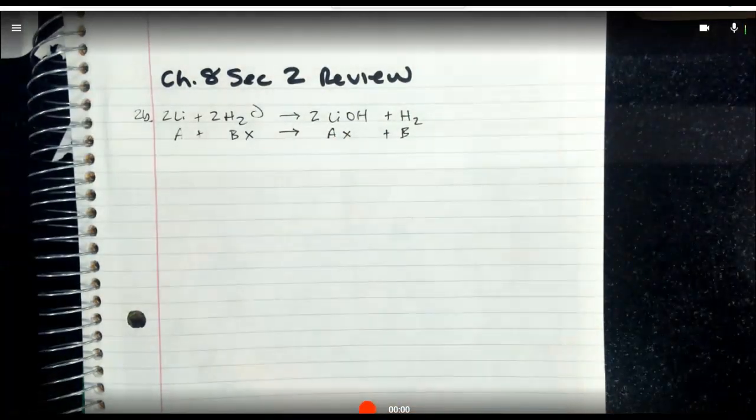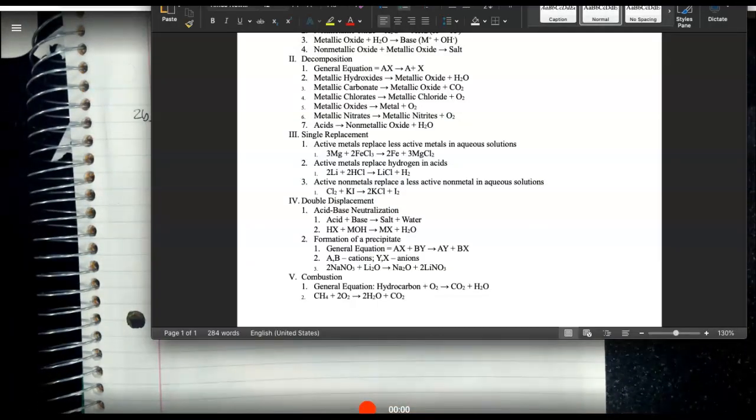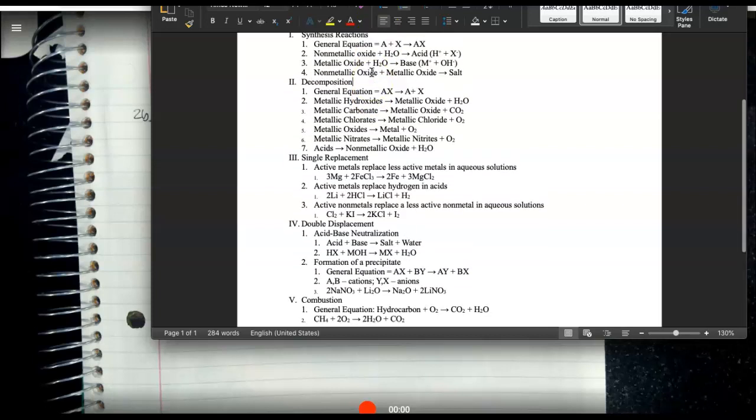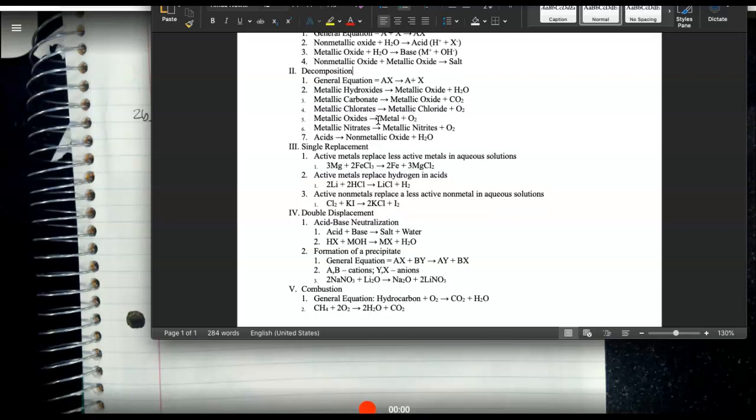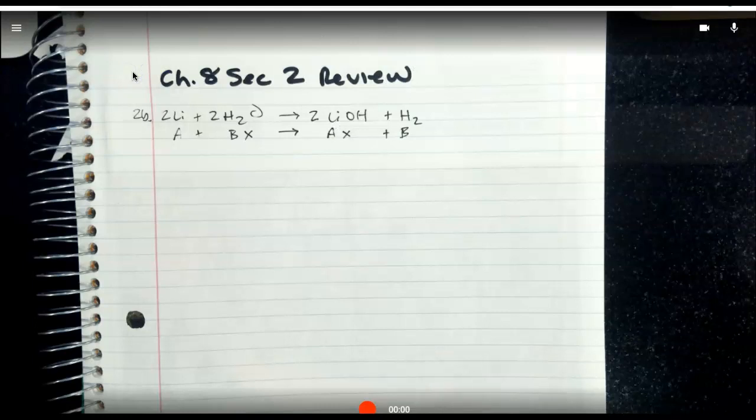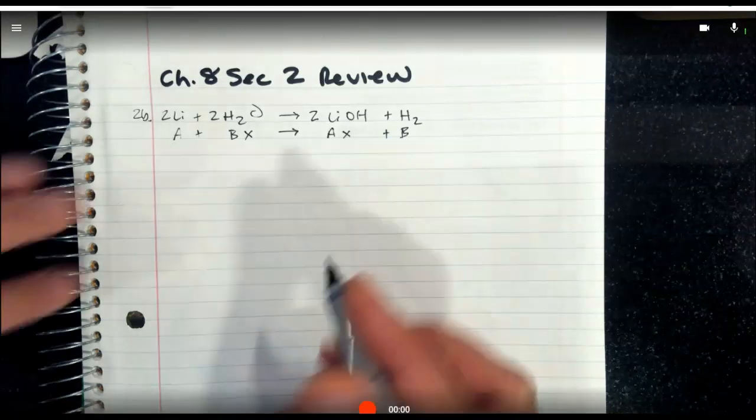If we look at our quick reference guide, we try to match that up. And what we find is the single replacement reaction, where we have A plus BX yields AX plus B. It's also found in the lecture.